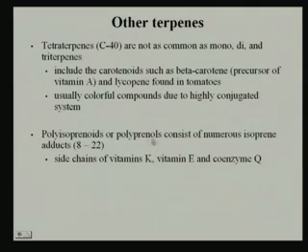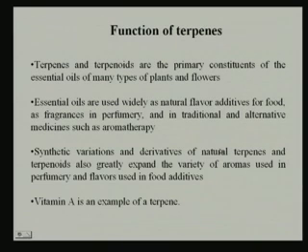Polyisoprenoids or polyprenols consist of numerous isoprene adducts, that is 8 to 22 of such, and the side chains of vitamin K, vitamin E and coenzyme Q are some examples of polyisoprenoid molecules. If we talk about the function of terpenes, then terpenes and terpenoids are the primary constituents of the essential oils of many types of plants and flowers.